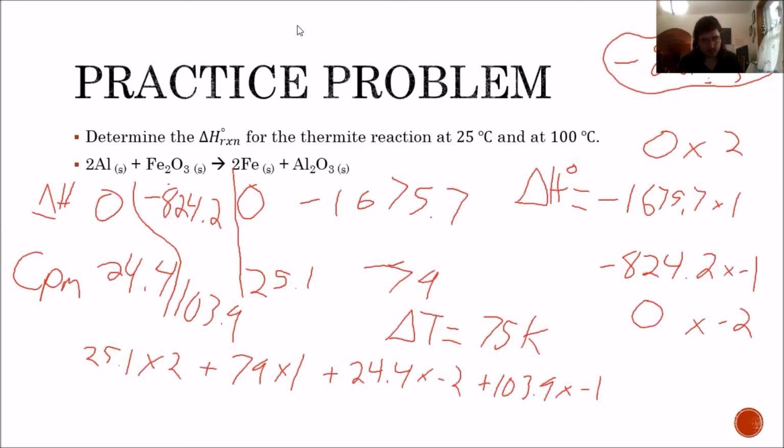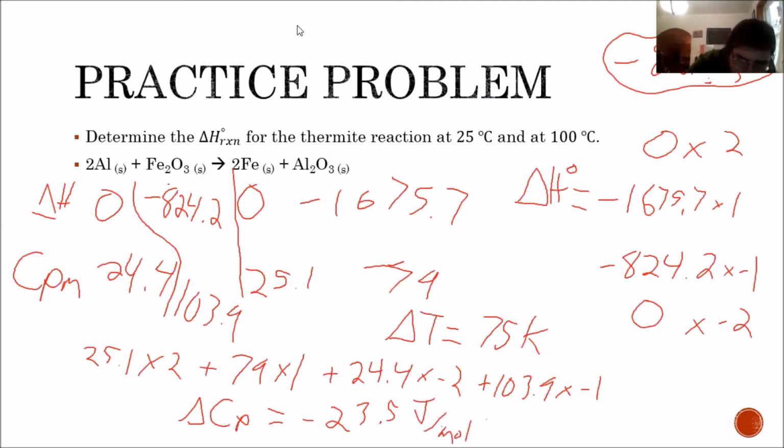That's 25.1 times 2 plus 79 minus 24.4 times 2 minus 103.9. So our delta heat capacity is equal to negative 23.5 joules per mole Kelvin. Actually, that's joules per Kelvin, because the 2s and 1s are factored in the moles.